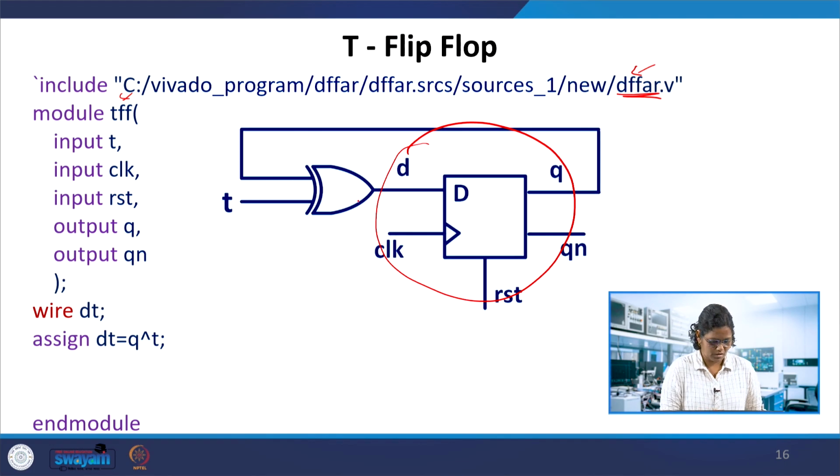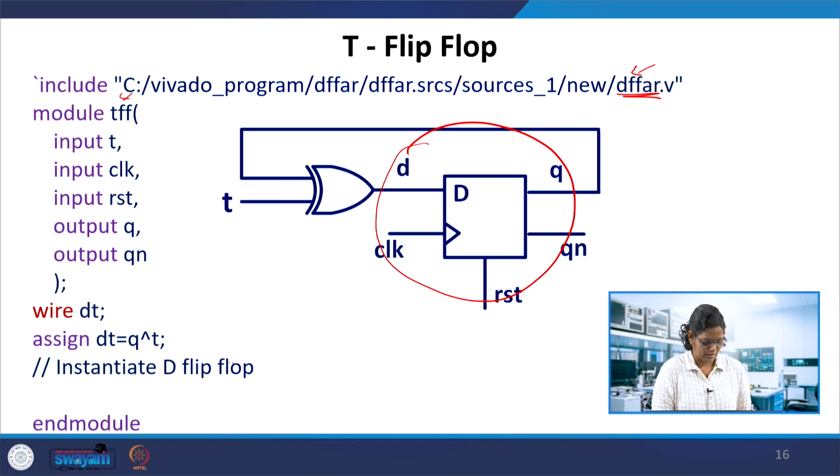Wire DT, I'll tell you what this DT is. Assign DT equal to Q XOR T, and instantiate the D flip-flop over here. This point is DT. Q and T are XORed, so assign DT equal to Q XOR T. So we have the D flip-flop and we have this XOR function DT.